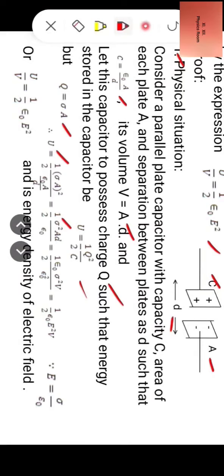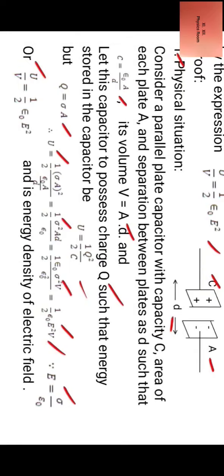Now multiplying and dividing by epsilon 0, we get U equal to half epsilon 0 sigma square V divided by epsilon 0 square, which is equal to half epsilon 0 E square V, because E is equal to sigma by epsilon 0, and sigma by epsilon 0 whole square is equal to E square. So we write U equal to half epsilon 0 E square V. We shift V to the left-hand side in the denominator, so U by V is equal to half epsilon 0 E square, which is the energy density of the electric field.